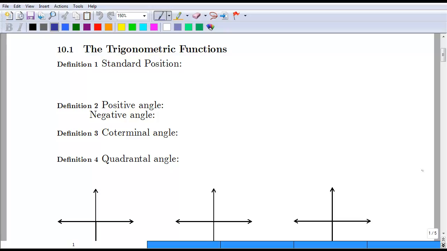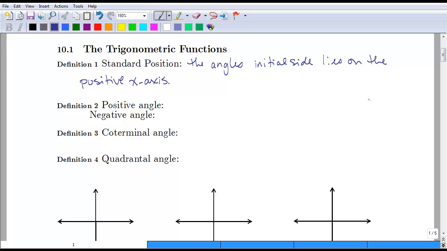The first thing is we need to talk about what it means for an angle to be in standard position. If you remember, any angle has an initial side, the starting side, and a terminal side. So for an angle to be in standard position, the angle's initial side lies on the positive x-axis.